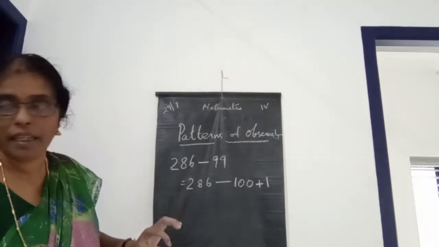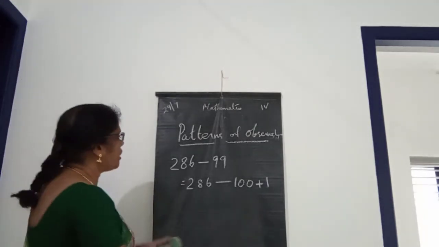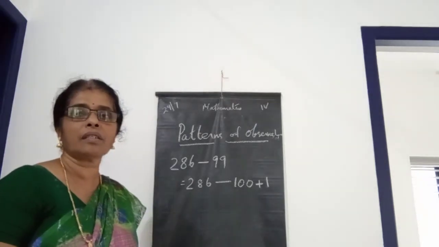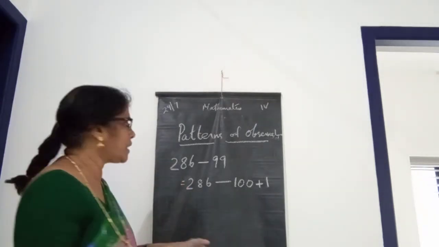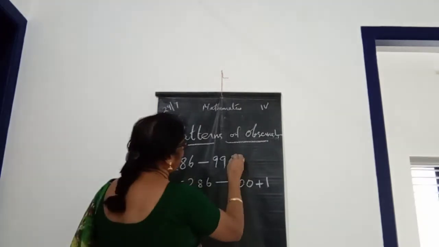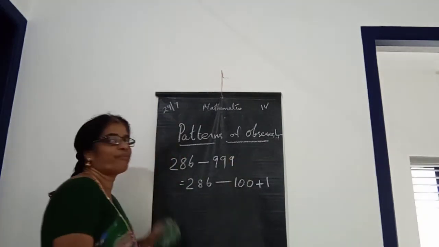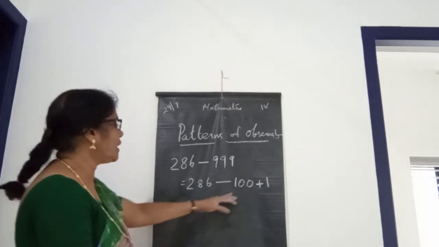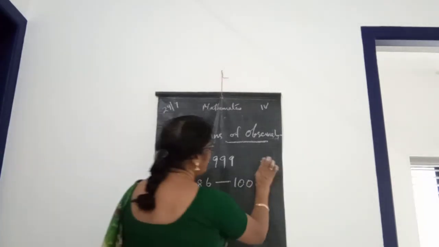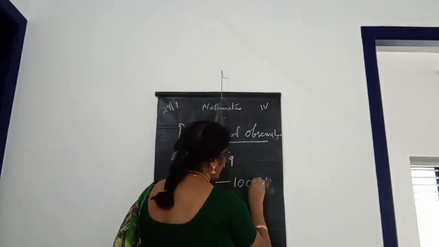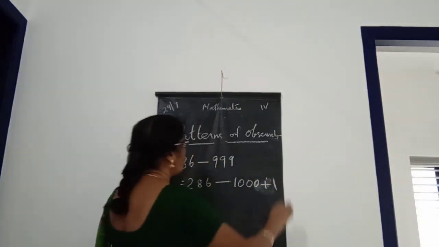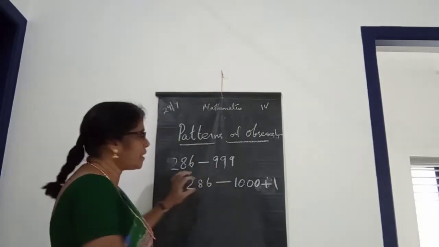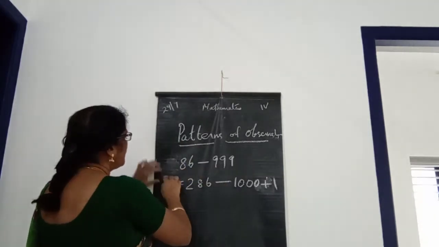Instead of 99, if you take 999, this 100 becomes 1000, and 286 minus 1000 is not possible here.